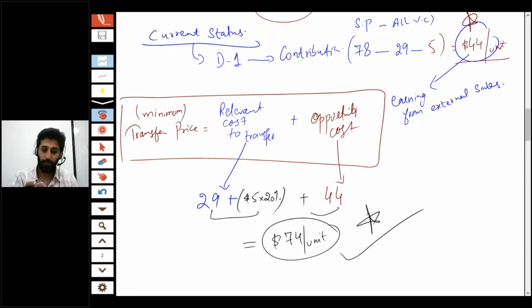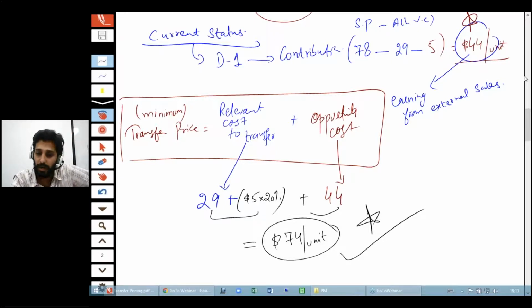This is 74. When I come to you, you will be asking me $76, and I will be negotiating with you, and you will be charging me at least 74, not below this, because you will be having the loss if you go down by this rate. So this is the minimum transfer price.